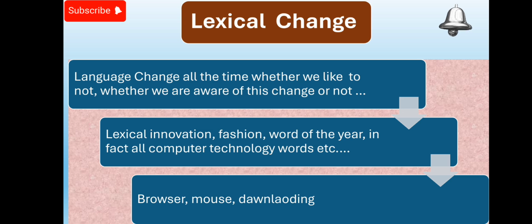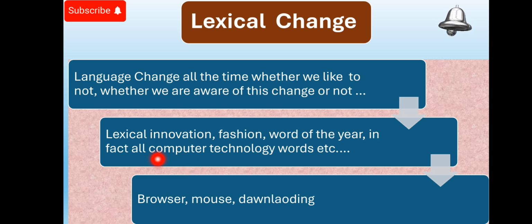The word Facebook did not exist in the past and now it exists. So we are aware of this change in a language. These are new words, new vocabulary in a language. But sometimes we are not aware of this change. That is in the case of pronunciation. We will discuss this on a coming slide.